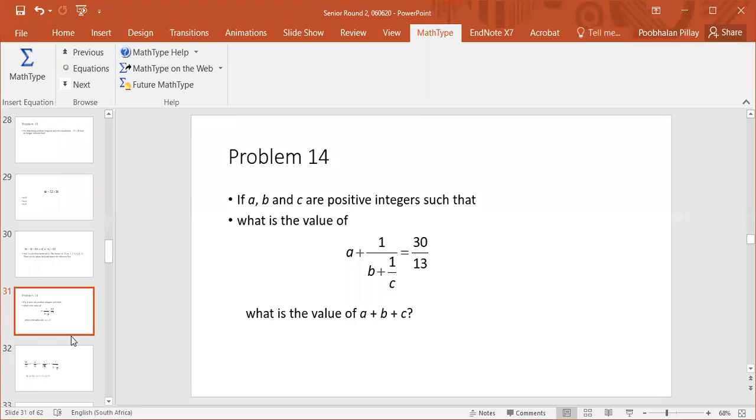Problem 14 is another strange kind of problem. It says a, b, and c are positive integers. And now you've got an equation here with 3 unknowns, and they ask you to work out a plus b plus c.